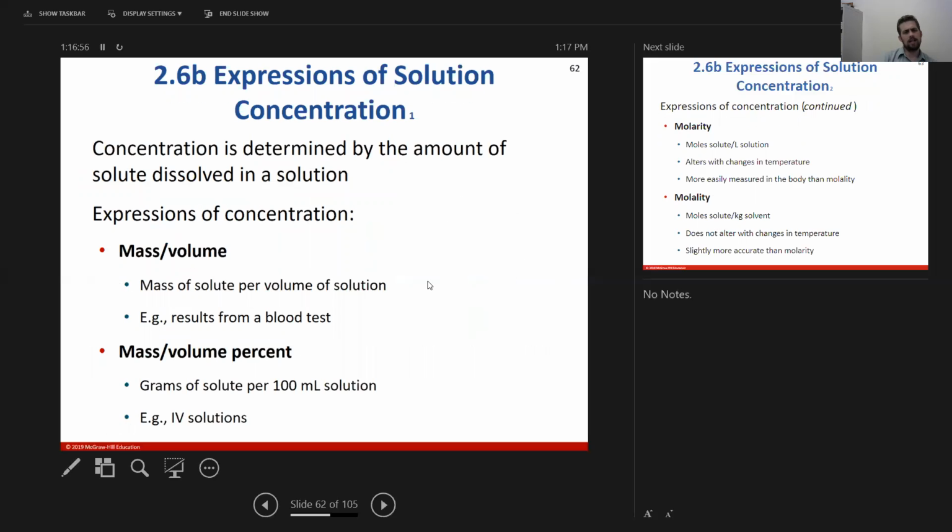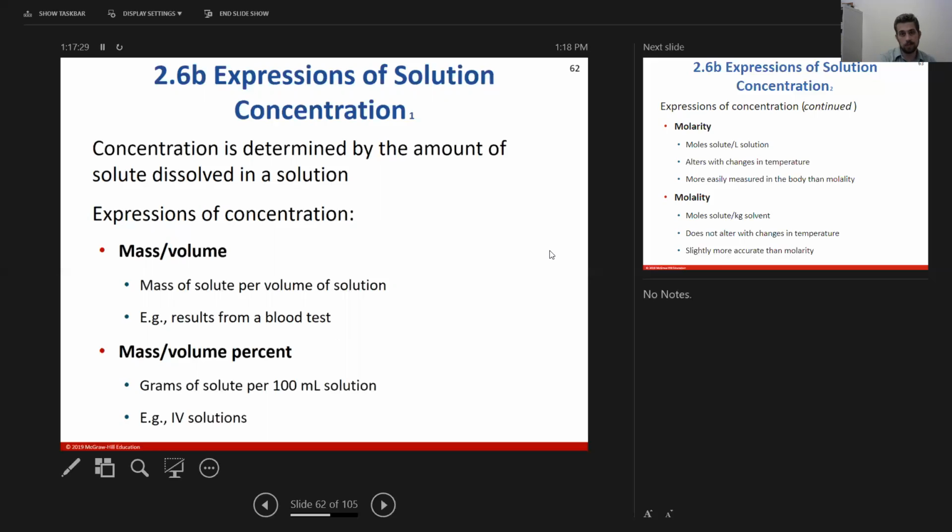So let's see here. Concentration is an expression of mass over volume. So it's however much solute you have per volume of solution, right? And so that's a concentration. A 20% concentration of salt water would be 20 particles of salt for every 80 particles of water, because 20 plus 80 is 100.